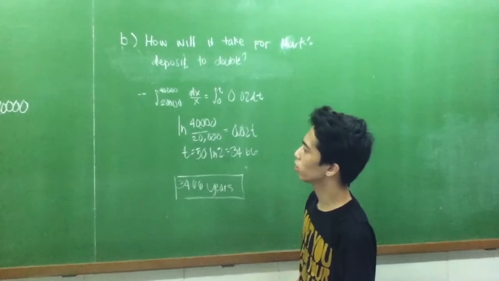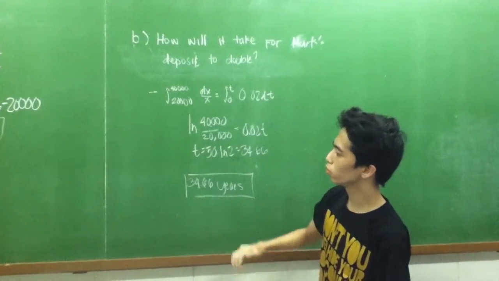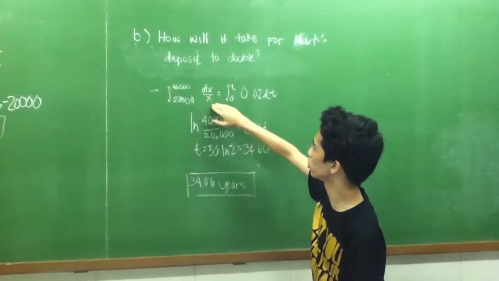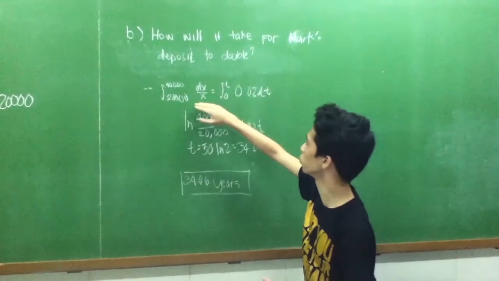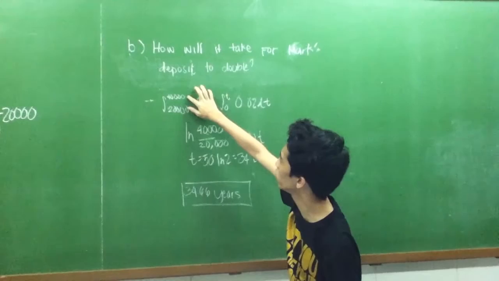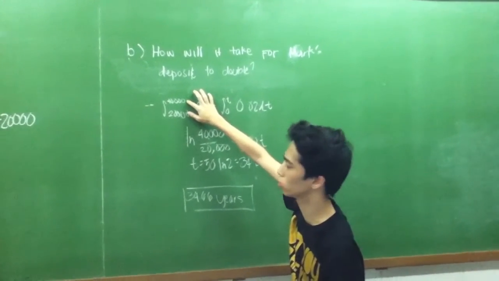So the next question is how long will it take for Mark's deposit to double? So we also use the original integration that Andre used, but we changed the upper limit to 40,000 because we're finding for the deposit to double.